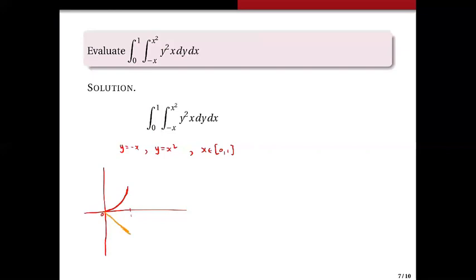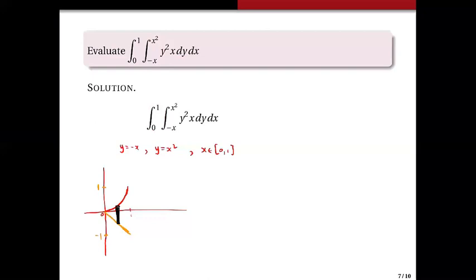So of course, this is your negative 1. This is your positive 1. So you are integrating from negative x to x squared. It means your strips will be this. Okay.